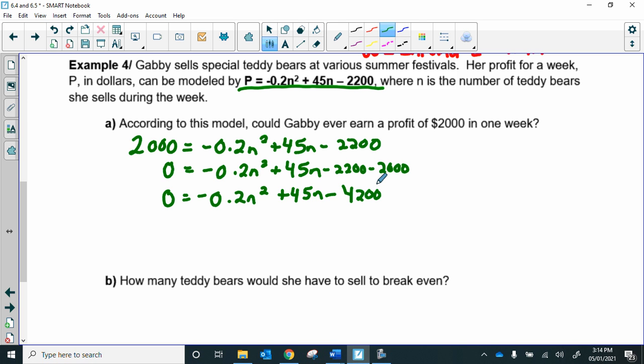And do you remember, if we just want to see if it's possible, we don't actually have to solve for n. We just want to see if there is some value of n that would satisfy this. You can just use a discriminant to see if it's possible.